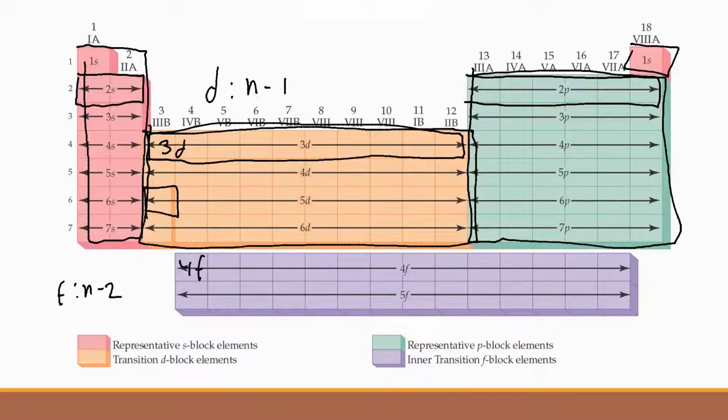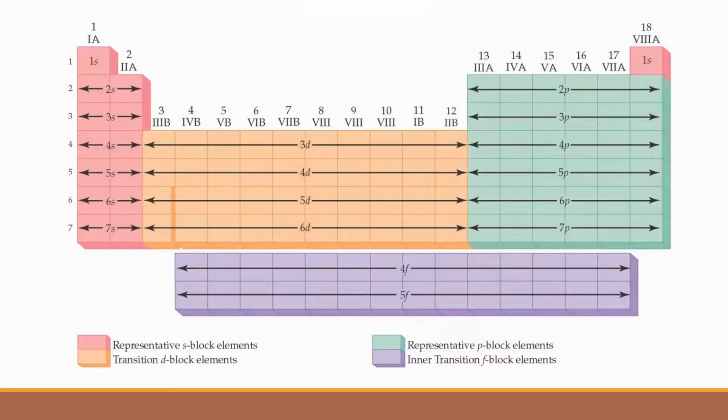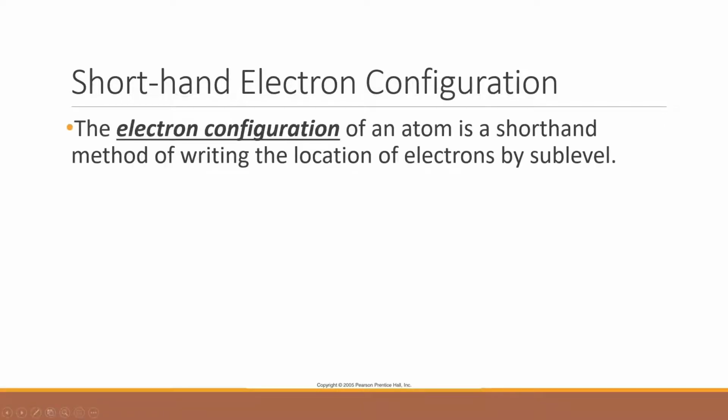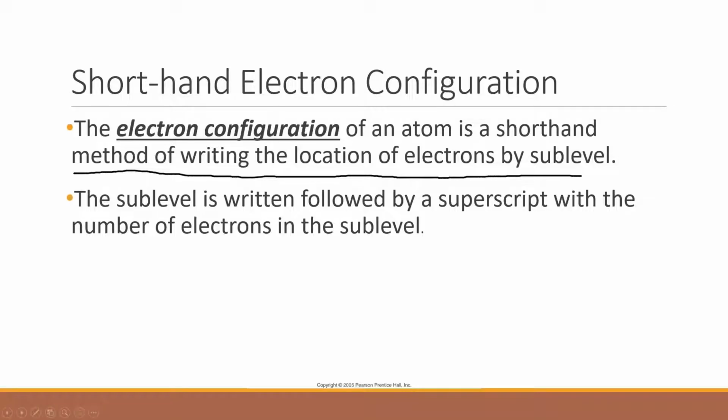Okay. So now we're going to use this knowledge in order to write out electron configurations without having to do a bunch of counting or drawing boxes and diagrams. So in order to condense or simplify our entire configurations, we're going to use something called shorthand configuration. Now, what shorthand configuration does is that it pretty much just writes the electron configuration of an element by only writing the location where the electrons are found and the amount of electrons found in said location.